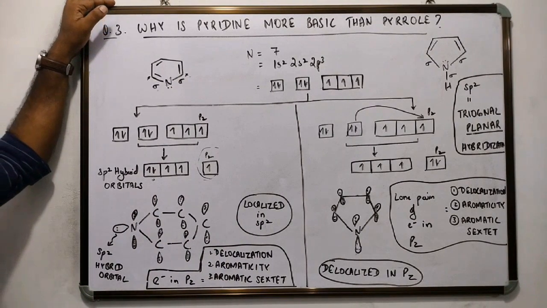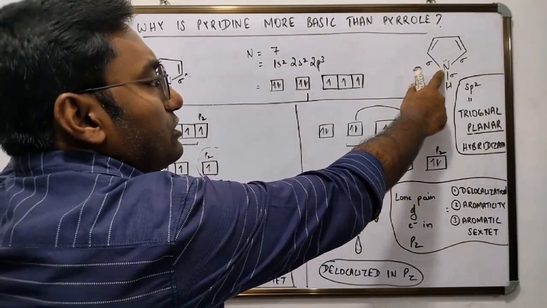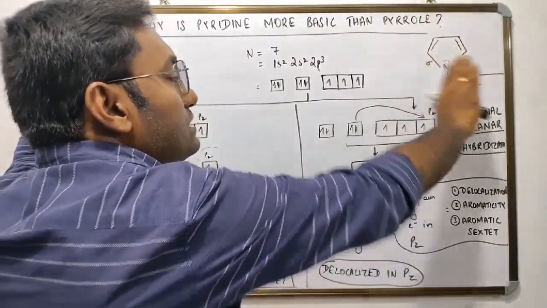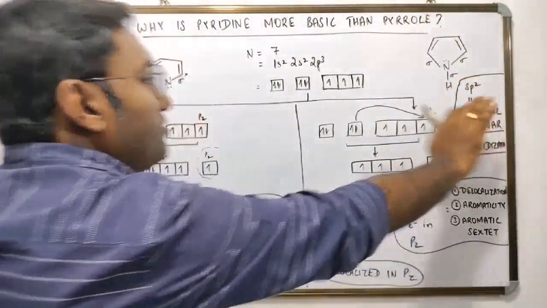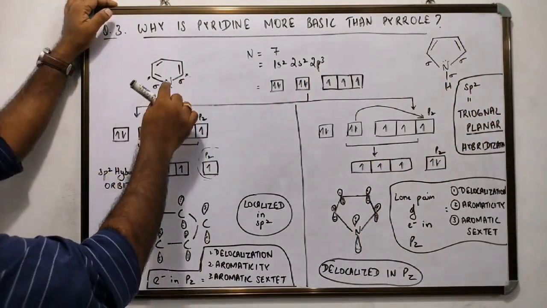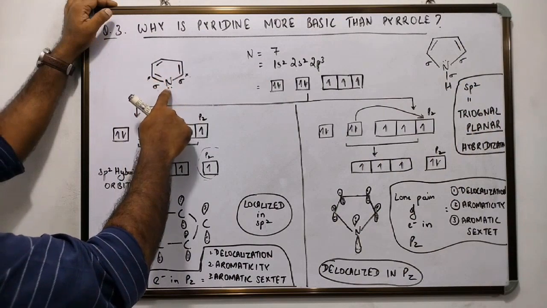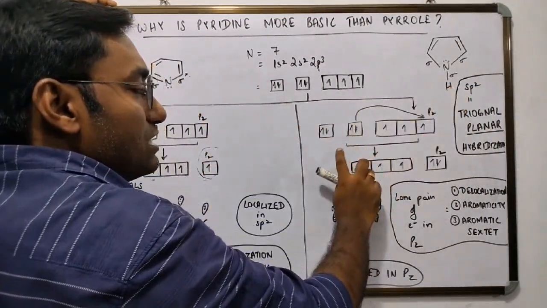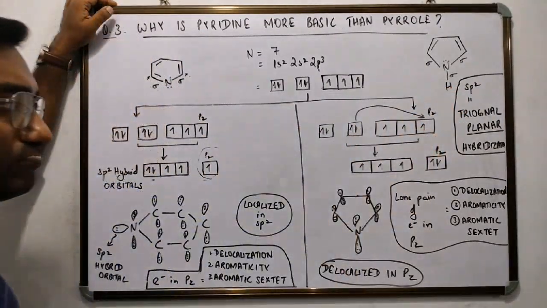Now, let us look at the sp2 hybridization of the nitrogen atom in the pyrrole ring. This is completely different from what we have seen in sp2 hybridization of nitrogen in the pyridine ring. How this occurs is being explained here.